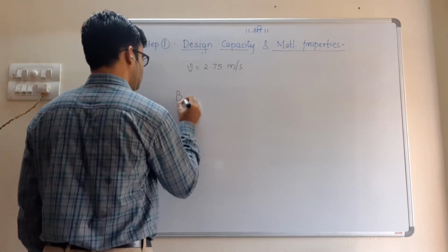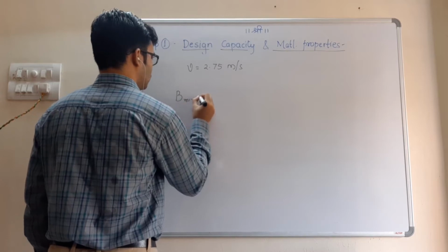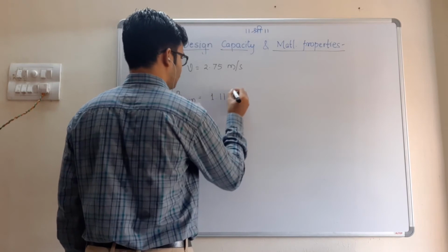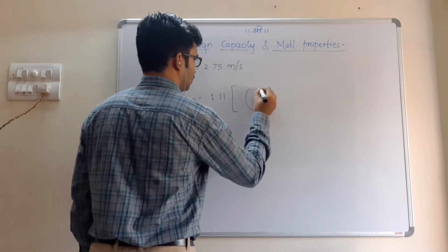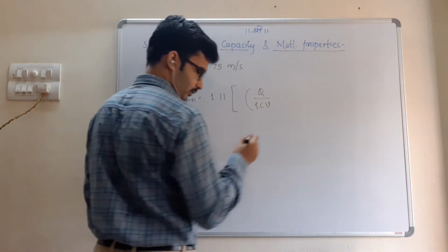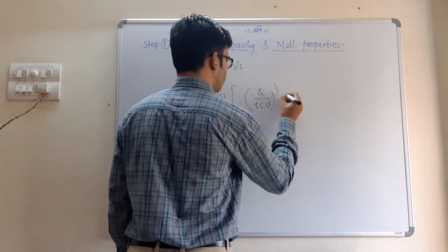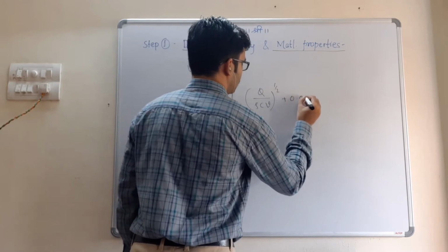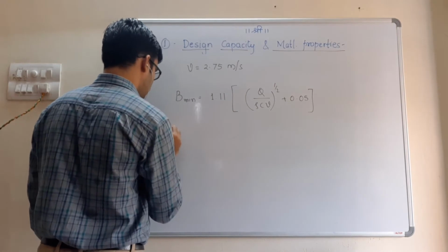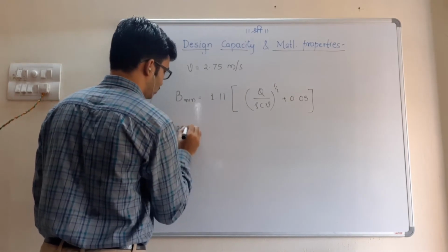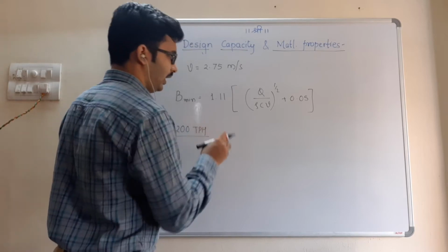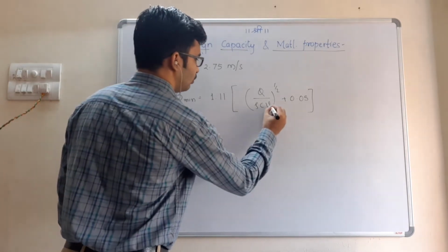B mean is equal to 1.11 into bracket Q upon rho CV, bracket raised to 1 by 2, plus 0.05. Now here we will use Q as the given capacity, so 200 tph, and we will now calculate V actual.